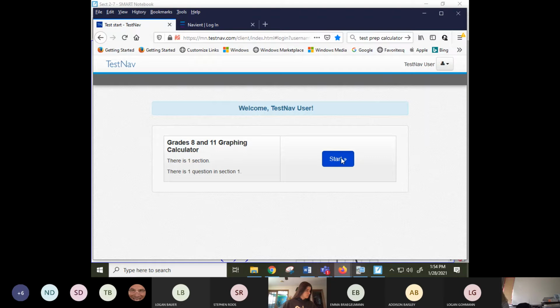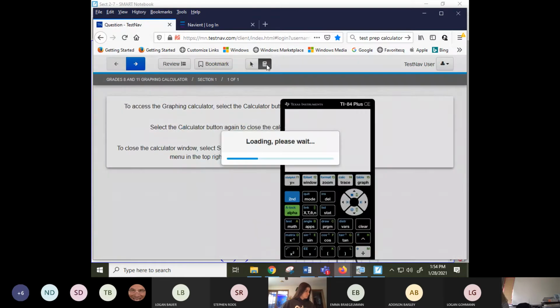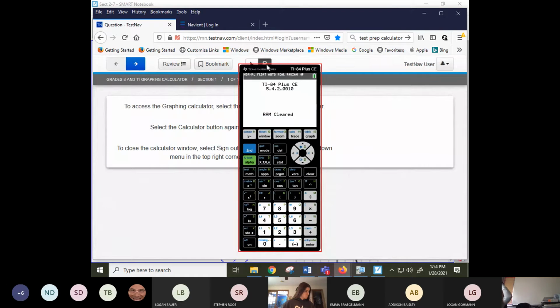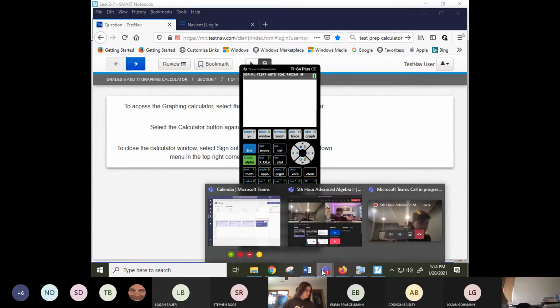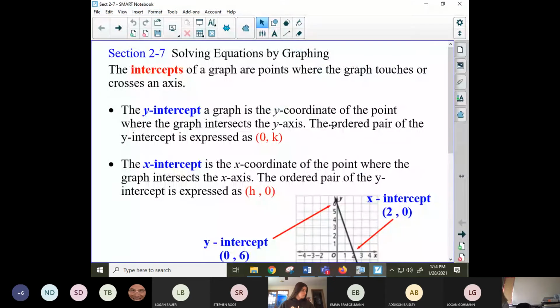Hit start twice, click the calculator icon in the middle of the bottom of the toolbar, and hit clear. That will give you one for your MacBook that you can use until you get one. Okay, let's get started.